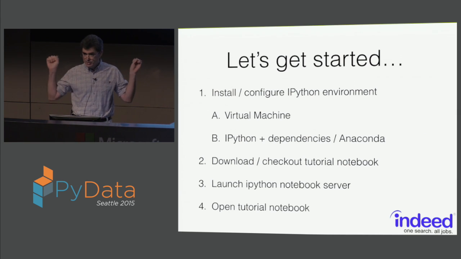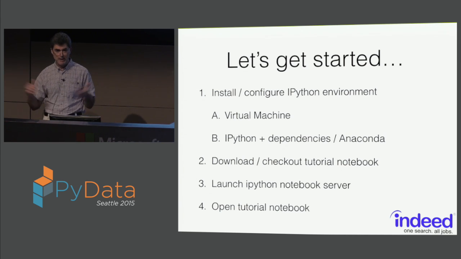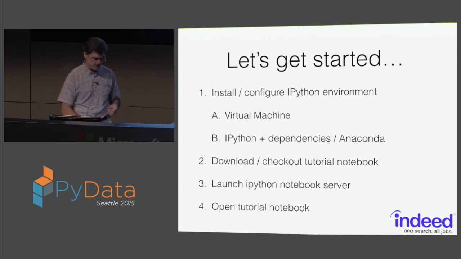Then you can get everything up and running in a virtual machine that will have no effect on your primary work environment. The other possibility is to install IPython and its dependencies and/or Anaconda. As you probably know, Continuum is a sponsor of the conference. I'm sure they'd love to have you use their free software package where they've pulled together the scientific stack that includes IPython and a bunch of other cool things, many of which you'll be seeing in other sessions here.